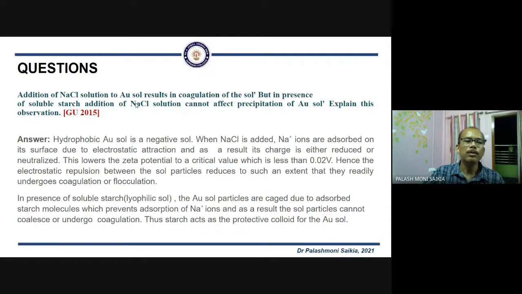First of all, we have to see what is the nature of the gold sol. As we have seen in the table that I have brought from the NCERT textbook, gold sol is a negative sol.